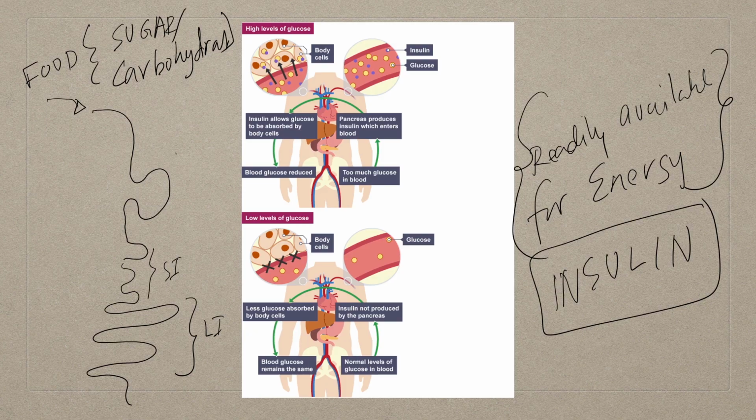It helps to pull the glucose from the blood vessels, and it is used for storage and converted to a higher form of carbohydrates or complex form of carbohydrate, or used immediately for energy.